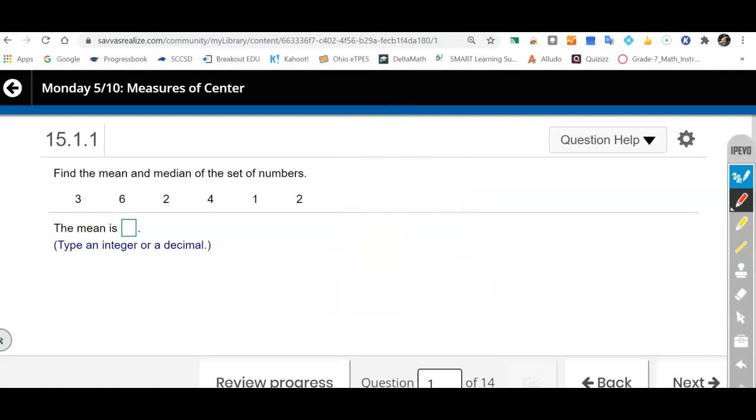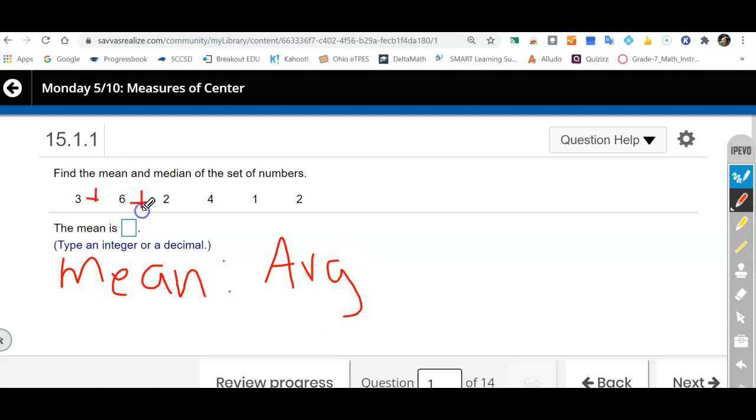So the first thing we're going to look at is mean and median. Mean is what? Daniel? Right, it's the average. So we add all of these numbers up. Everybody, go ahead and do that. And what do we get?